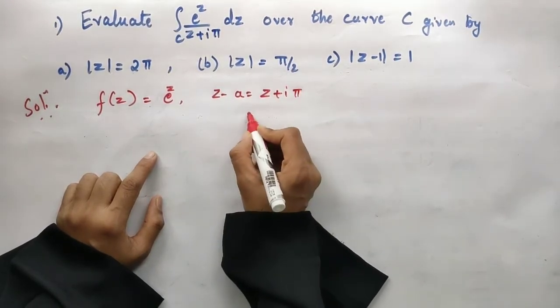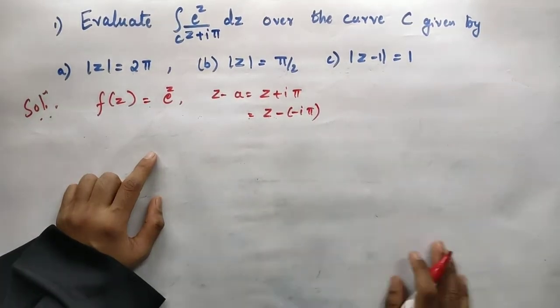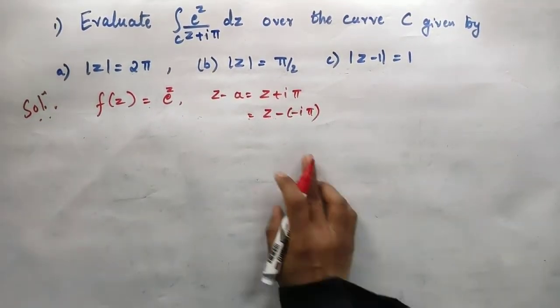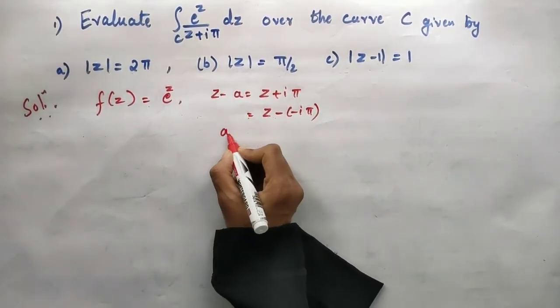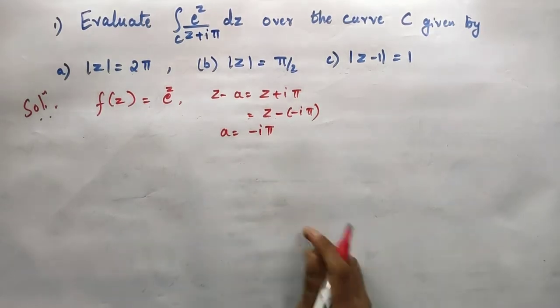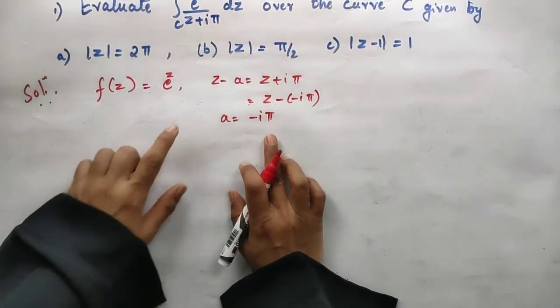So if you want to write it, it will be z minus of minus i pi. So a is equal to minus i pi. We have found the point now.